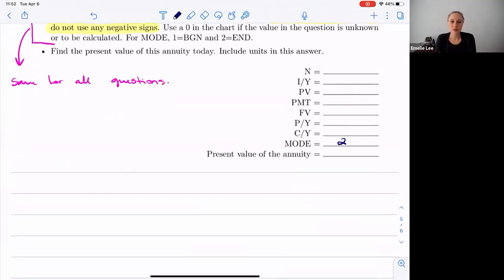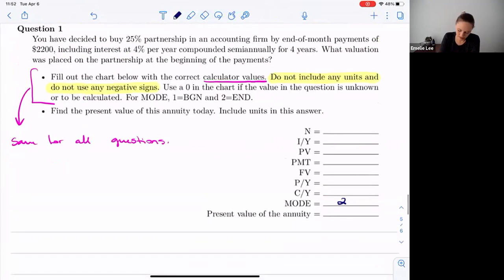What you'll notice is a lot of these values you can actually just enter in the calculator right away. So that's kind of nice. Okay, so end of the month payments. So the payment frequency is monthly, right? So then the payments per year is 12.